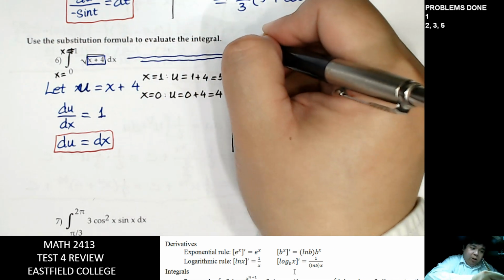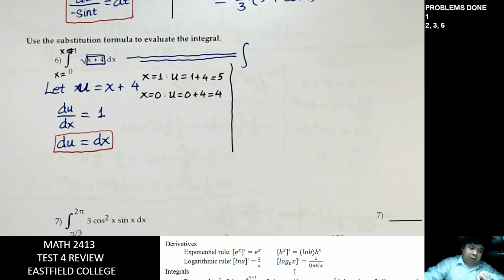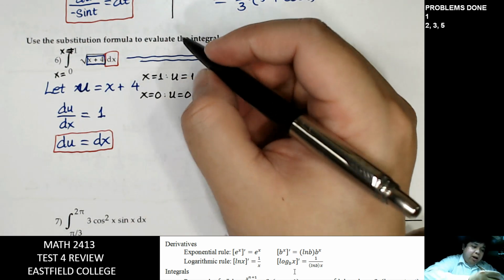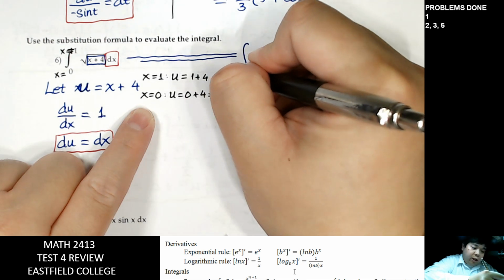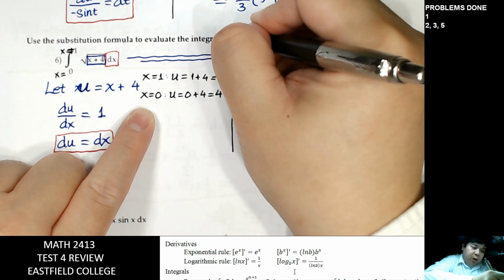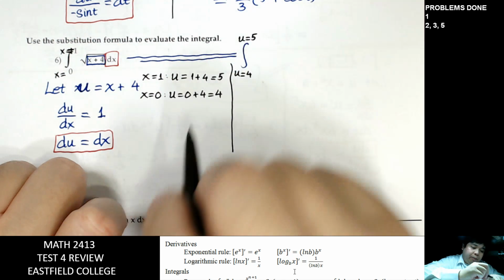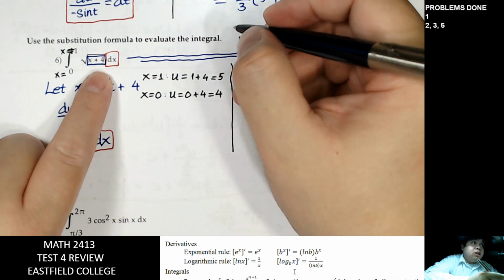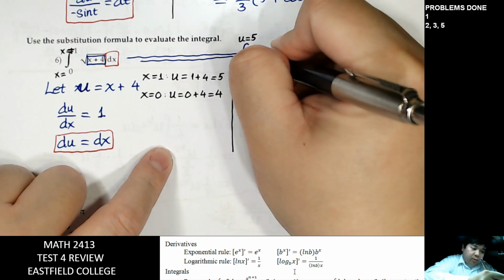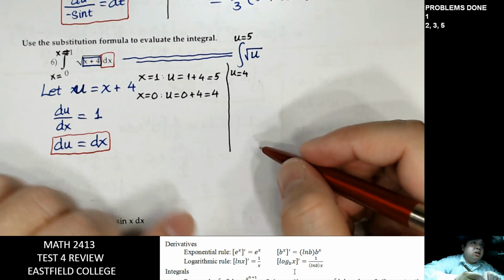And the integral equal to, instead of x going from 0 to 1, now we have u equal to 4 to u equal to 5. Square root still there. x plus 4 is u and dx is just du.